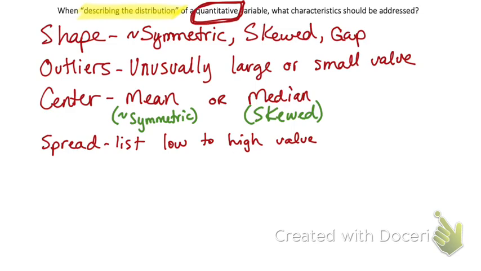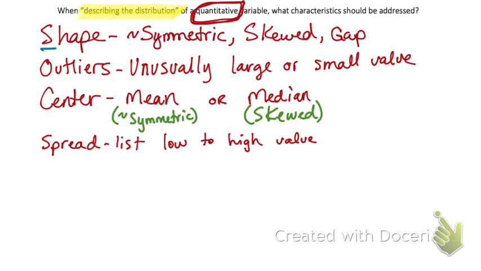90% of the stuff that we're going to do in this class is quantitative data. And anytime you have a graph and you're asked to describe the distribution of the quantitative data, you're going to have to remember to talk about the shape, the outliers, the center, and the spread. How in the world are you supposed to remember that? Socks!